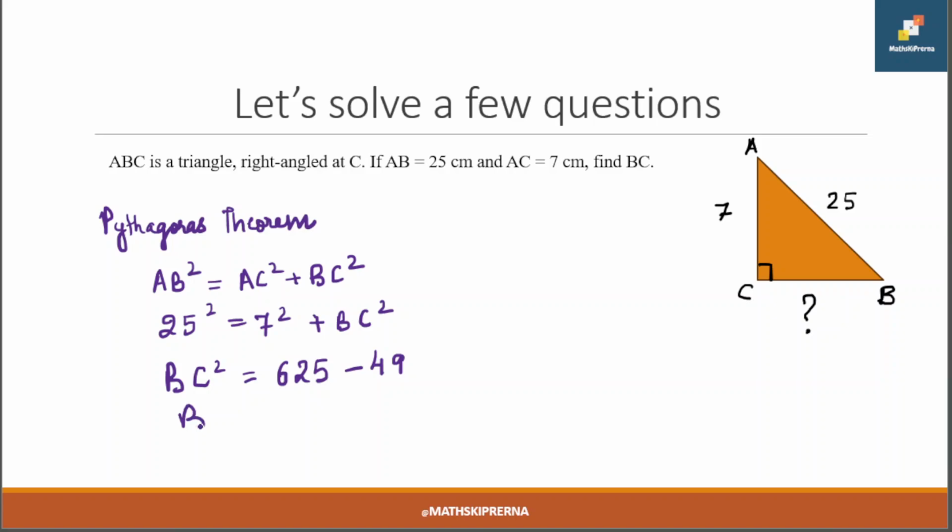So BC square is 576, so BC will be the square root of 576, which is nothing but 24. So BC is 24 centimeter. So through Pythagoras theorem, we were able to find the length of BC.